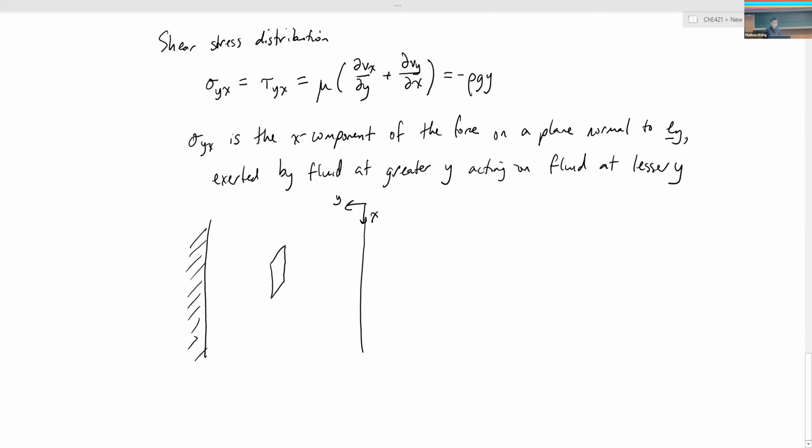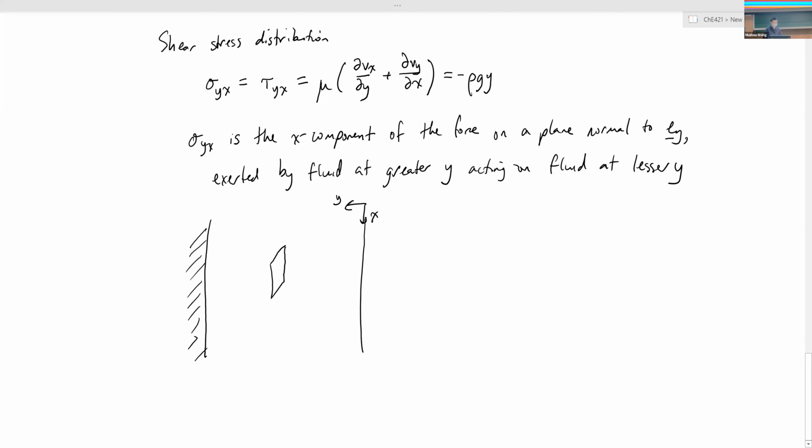Okay? Do you guys kind of see what's going on here? This is negative rho g y. I guess I could rewrite this as rho g y A, right? And so the size of these forces over here, this is a force per unit area, right? And so here's the area right here.